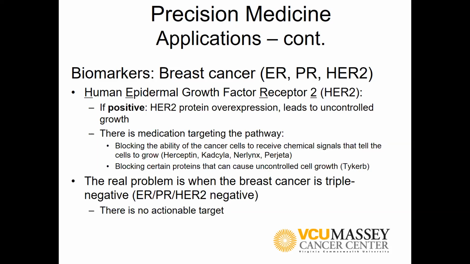So again, since this HER2 receptor is there on the cancer cell, we can target and find the cancer cells based on this receptor, and we can block, for example, the ability of the cancer cells to get chemical signals through this that would make the cells grow. There are specific drugs for this, or we can also block certain proteins that create this growth.